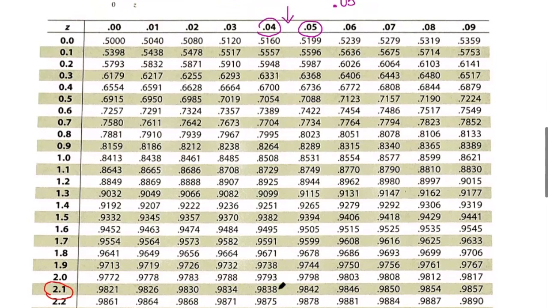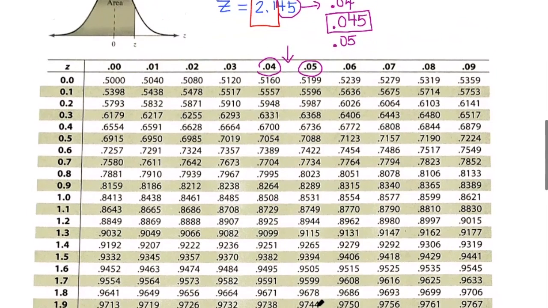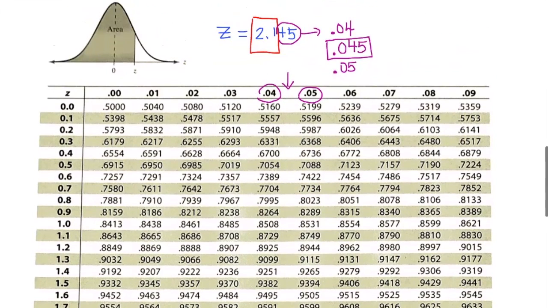to the 2.1 row. So 0.9838 and 0.9842. And to get the value for 0.045, you're going to add these two up and divide by 2 to find the middle, because really that's where I want to be.